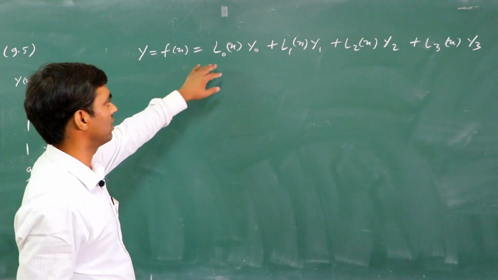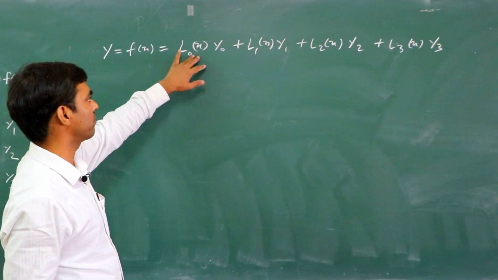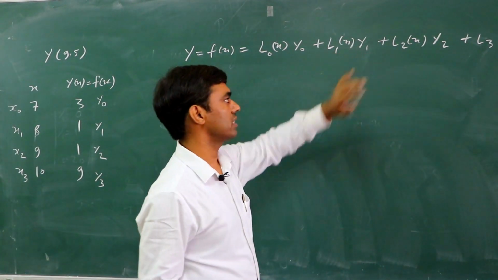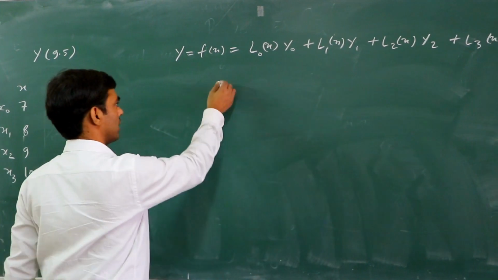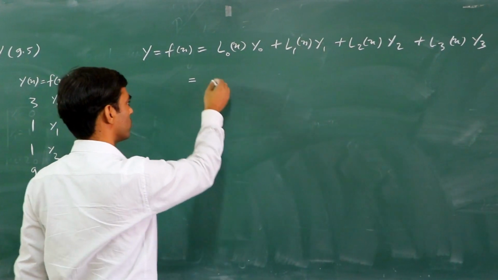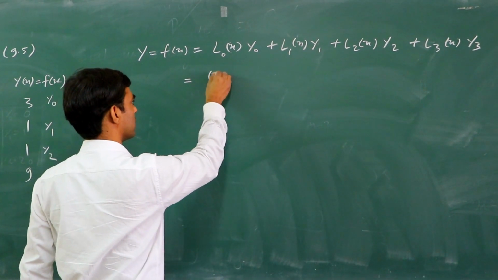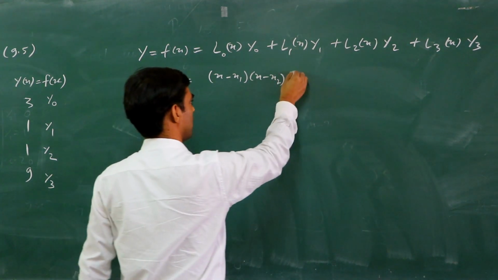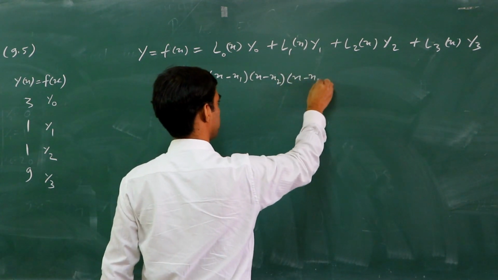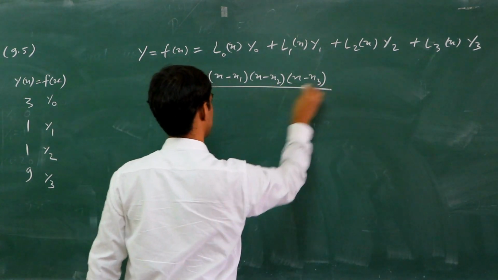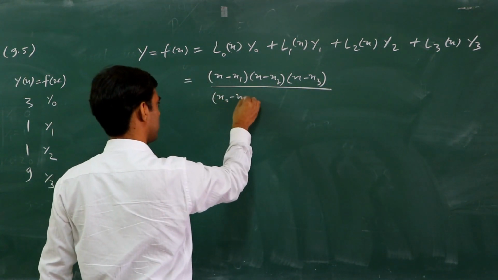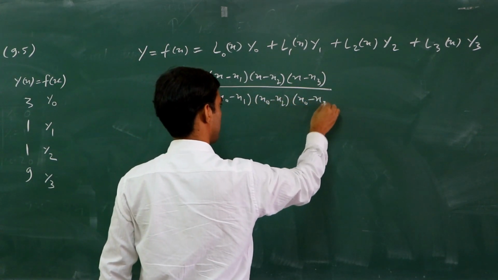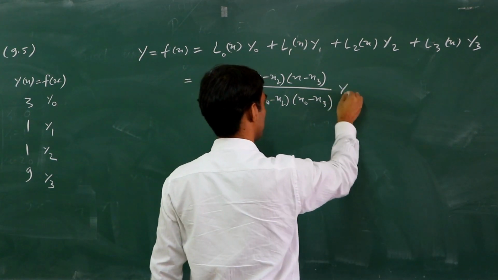Now write down the values of the Lagrange multipliers in 4 terms. L0x becomes x minus x1, x minus x2, x minus x3 divided by x0 minus x1, x0 minus x2 and x0 minus x3, and here this one is y0.